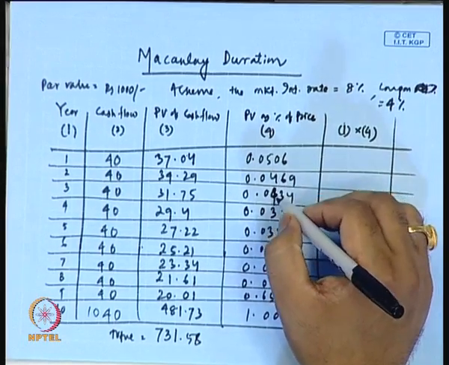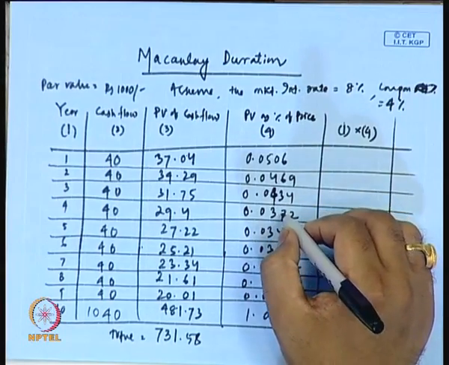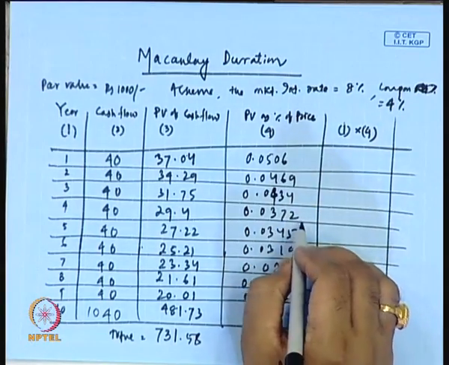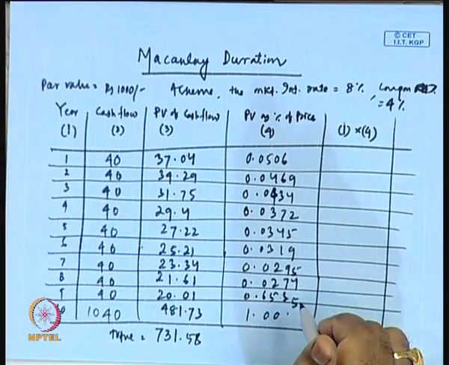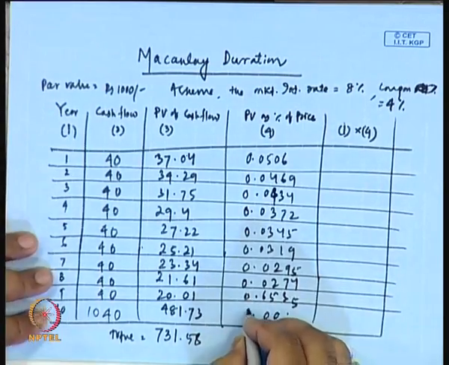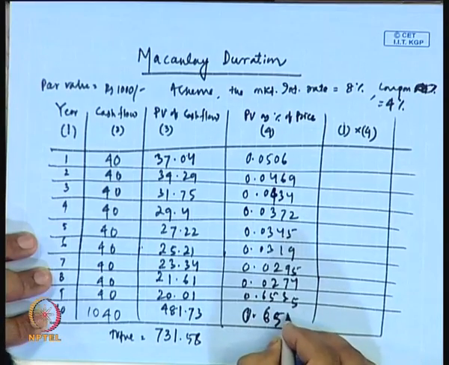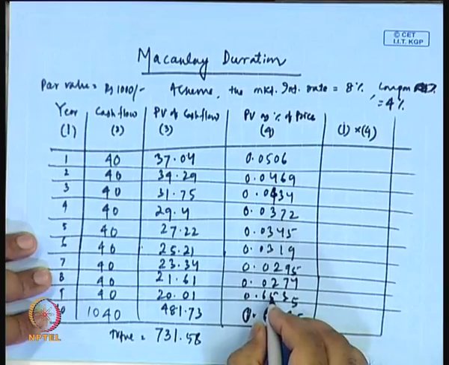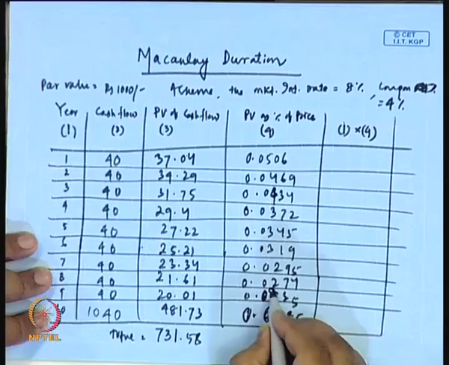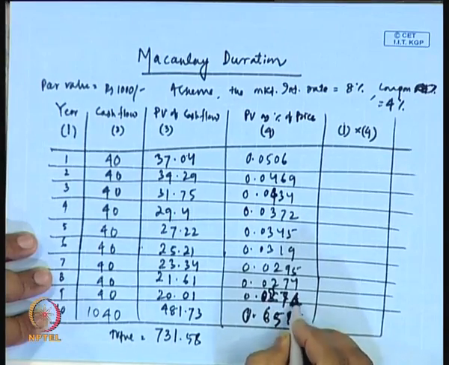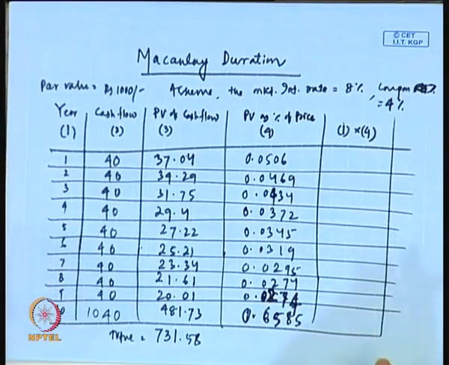So, the total will be 0.0506, 0.0469, 0.0434. So, this will be basically 0.6585. So, this will be your 0.0274.